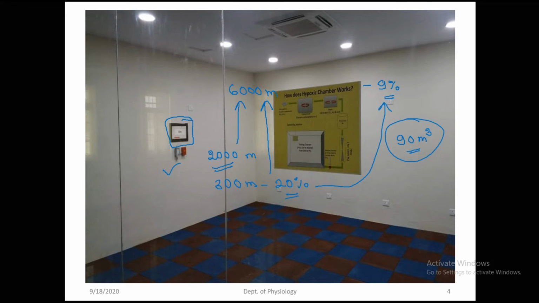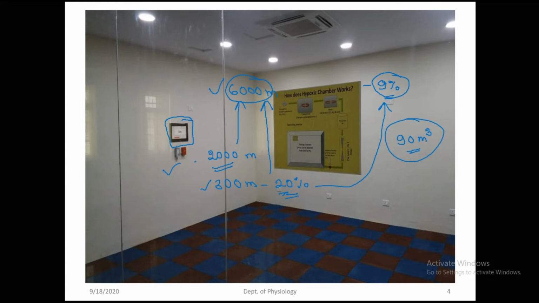So this is how, as we ascend from sea level to high altitude, the oxygen concentration falls. In this chamber, at 6,000 meters altitude, you may have an oxygen concentration around 8 to 9% from 20% at sea level.